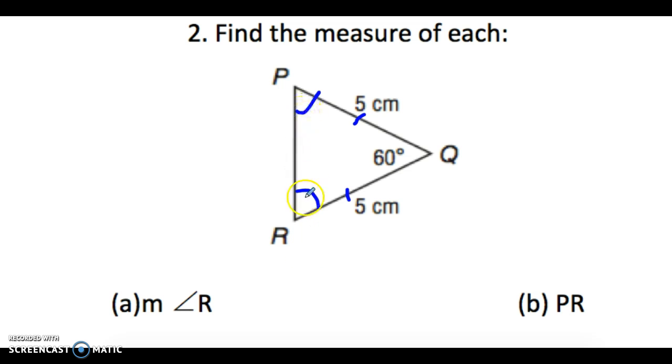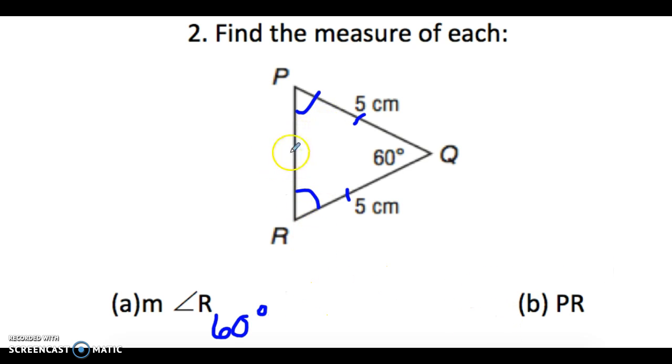So since these two angles are congruent and this angle measures 60, we know that these have to add up to be what? 120, right? Because the measures of a triangle sum to 180 degrees. So what's 120 divided by 2? 60. Good. So the measure of angle R is going to be 60 degrees based on the triangle sum theorem and also the isosceles triangle theorem.